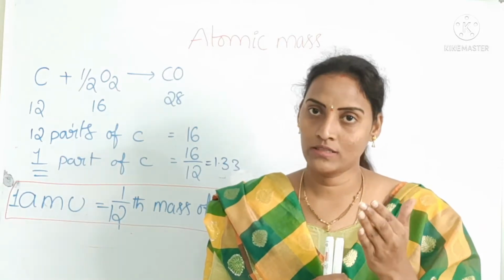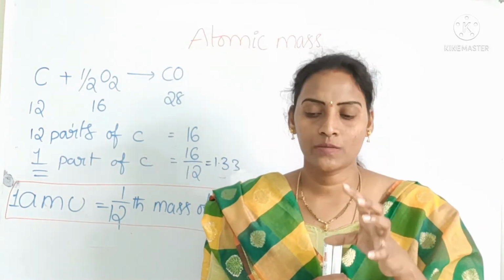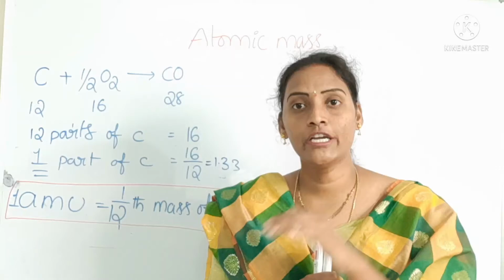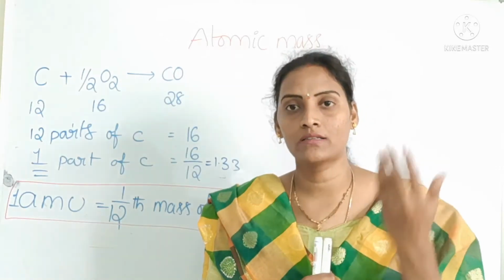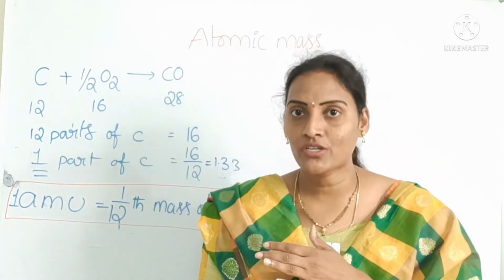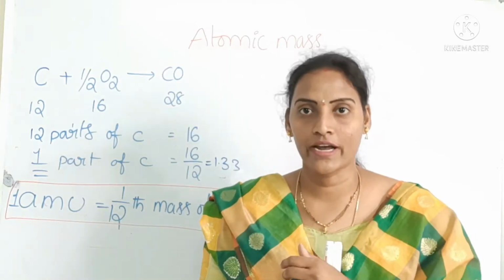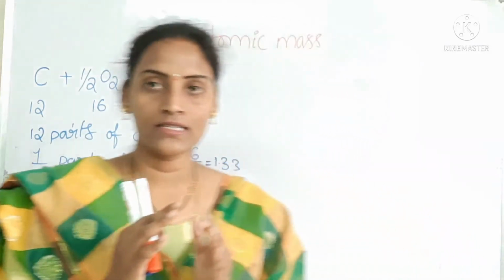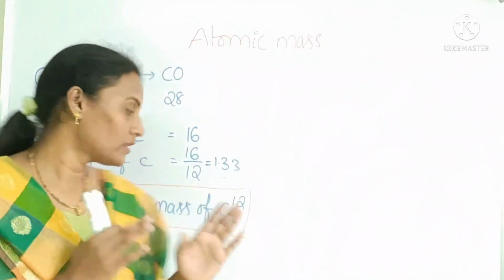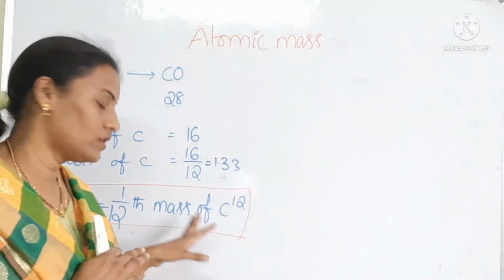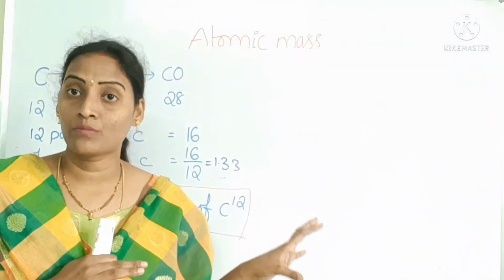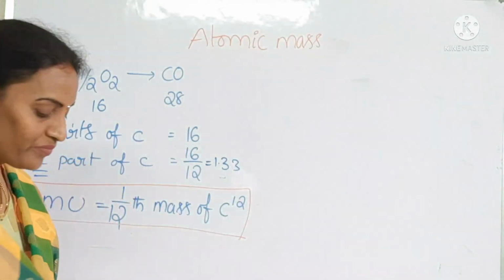If the values are near to a whole number or a simple whole number, that is convenient to measure the weight of an atom. So that is the main reason they chose the mass of the C12 isotope.